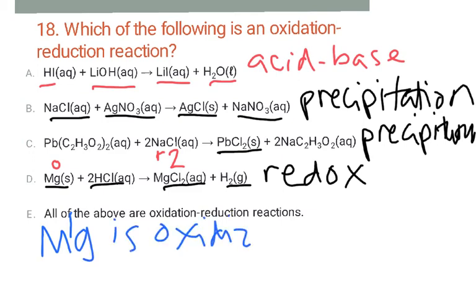For practice, let's just find out what is reduced. So here on the reactant side, you have hydrogen. We said that hydrogen is going to be a +1. So that means that chloride is a -1. We go over here on the products. Since this magnesium chloride is going to dissociate in water, we're going to have -1 for the chloride. So nothing changed.